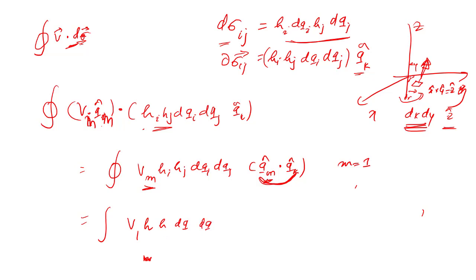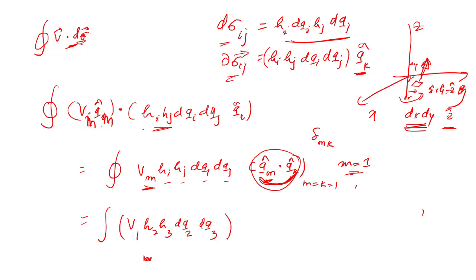If I pick m equal to 1, this product is given by delta_mk here. So this would be non-zero only if m is equal to k is equal to 1. So if m is equal to 1, then I know what i and j are. These should be 2 and 3, because if I have i and j, I have k here. Like if I have x, y, I have z. So these should be 2 and 3 for V_1.